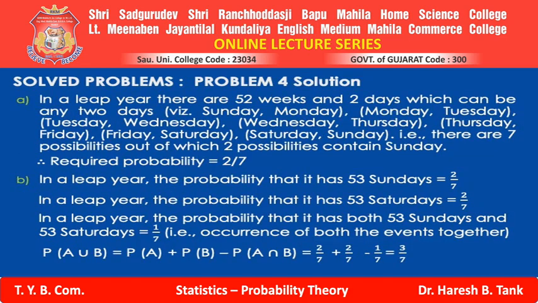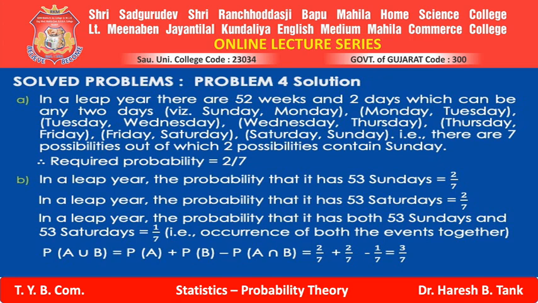In a leap year, there are 52 weeks and 2 days, which can be any one of these different pairs: Sunday-Monday, Monday-Tuesday, Tuesday-Wednesday, Wednesday-Thursday, Thursday-Friday, Friday-Saturday, or Saturday-Sunday. There are 7 possibilities, out of which 2 possibilities contain Sunday. So the required probability is 2 by 7.